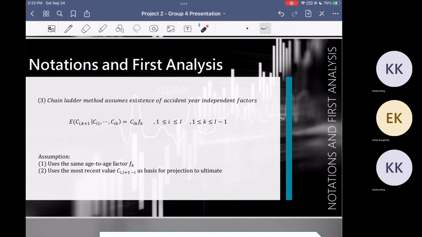So this is really the expected value of C_i,k+1 given C_i1 to C_ik, which is the same thing I mentioned earlier, C_ik f_k, where i is between 1 and I, and k is between 1 and I minus 1. So we have the assumptions below, as it uses the same age-to-age factors, and it uses the most recent value C_i,I+1-i as the basis for projection to ultimate.